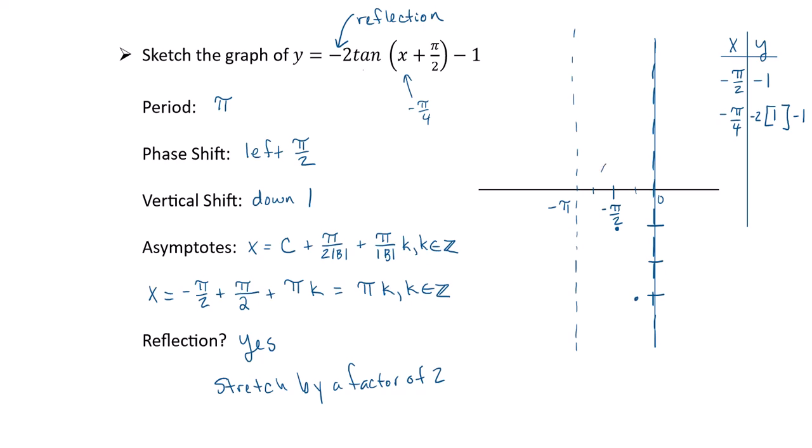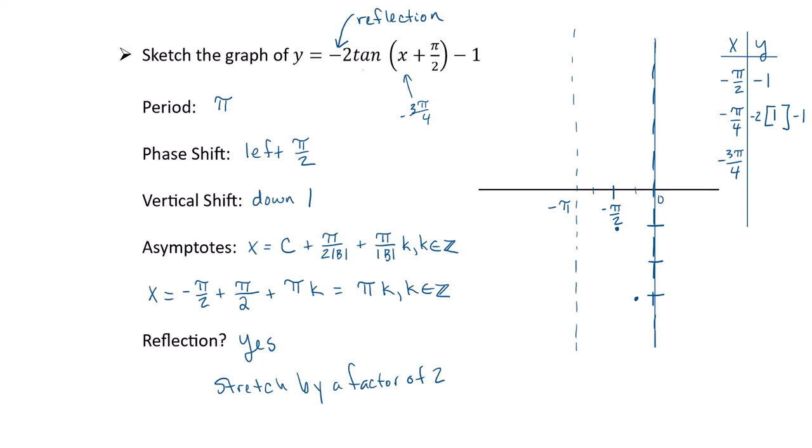And let's say we are looking at this place of the graph, a negative 3 pi over 4. And I put that into my function over here. Negative 3 pi over 4 plus pi over 2 is going to be a negative pi over 4.